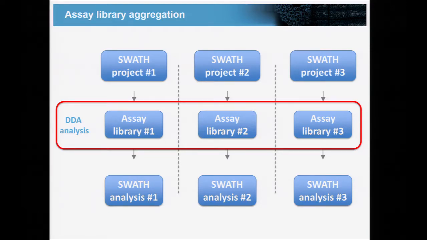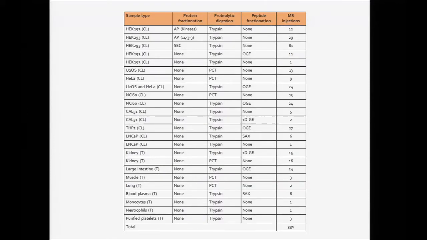And so this is what we've started to do, and the main one that we've published and is used a lot is this large-scale human assay library. Essentially what we did to construct this was to take all of the DDA runs that we had for any kind of human sample in the lab.